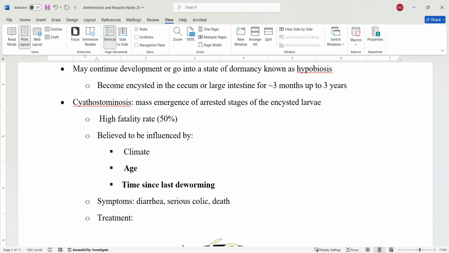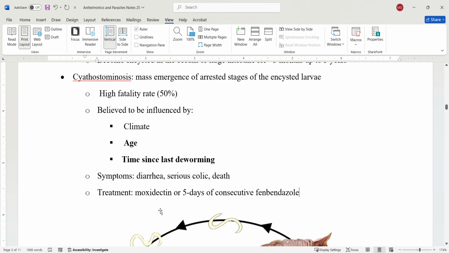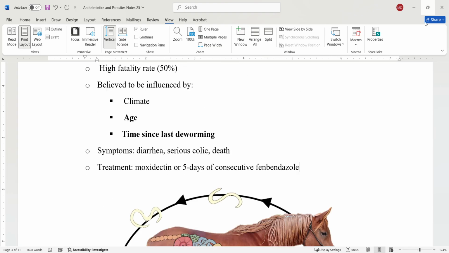For treatment, I mentioned moxidectin is a dewormer that works, or 5 days of consecutive fenbendazole, often called the power pack. Moxidectin is going to be the preferred way to target these encysted small strongyles. But once again, we're not necessarily sure that we want to right now. So that is what we have on our small strongyles.